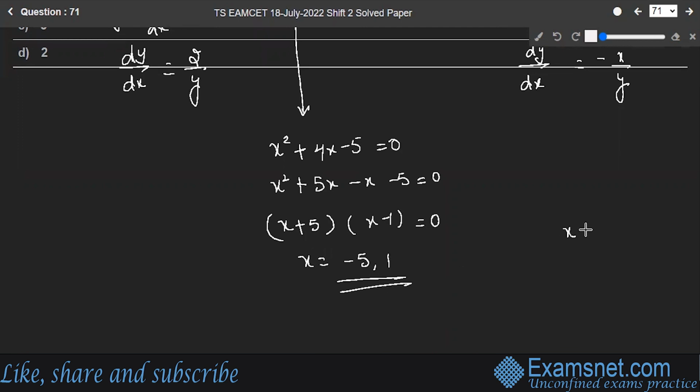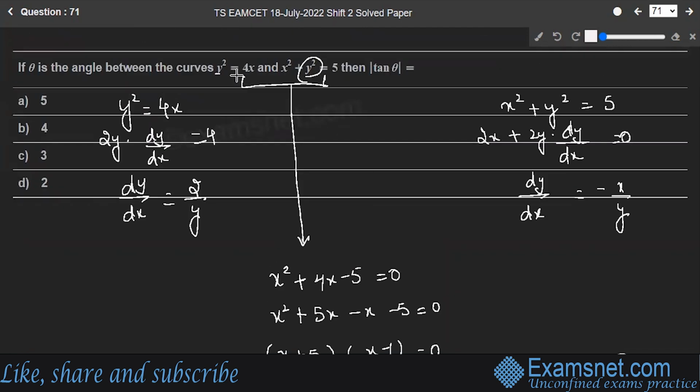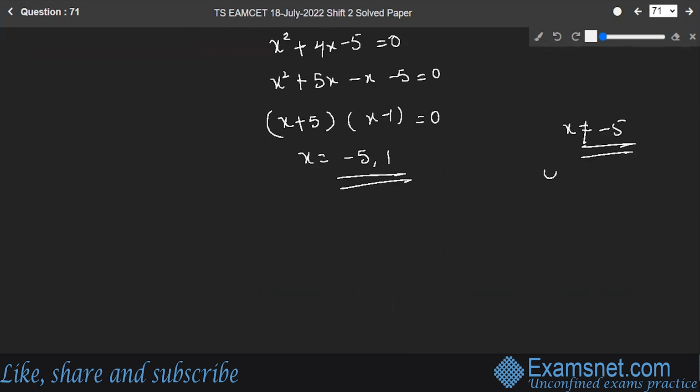Now, here x can't be equal to minus 5. Why? Because if x is equal to minus 5, this is going to give me y square is equal to 4x, which will be minus 20. A square cannot be negative, so I will not take x is equal to minus 5.